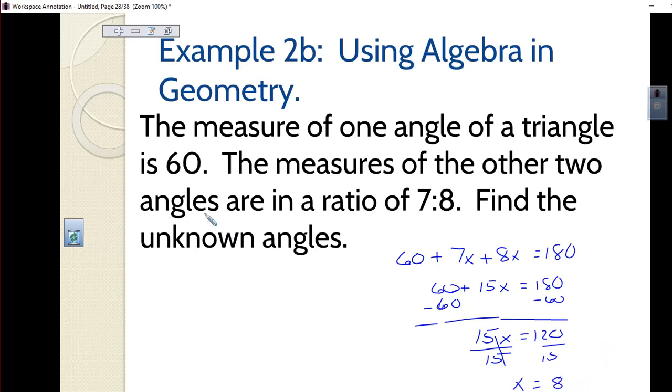So now it asks us for the measure of the two unknown angles. That's going to be 7 times 8, which gives us 56. And the other one is going to be 8 times 8, which is going to give us 64. So our two unknown angles are 56 degrees and 64 degrees. If you add up 56, 64, and 60, it should equal 180 degrees.